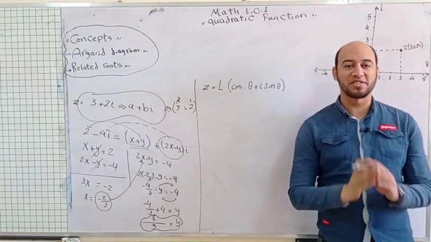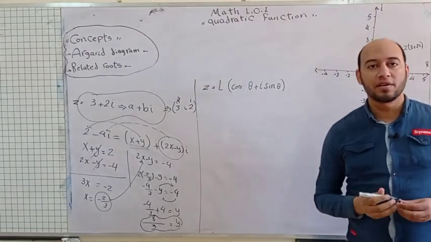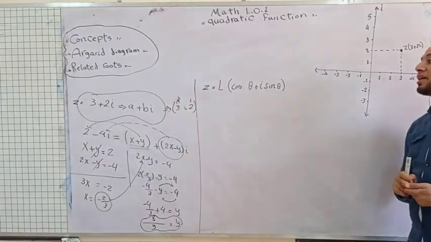I'm so sorry, I made a mistake at first. Then this is the trigonometric form for the complex number.